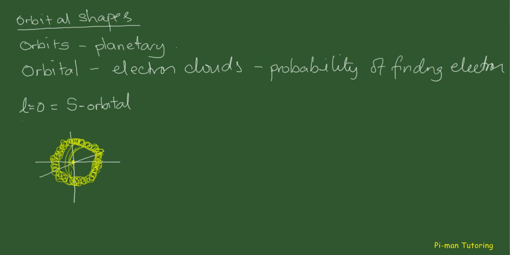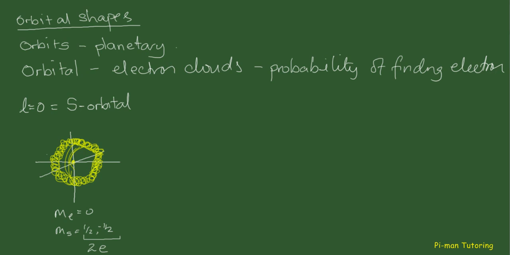And so we know that when L equals 0, ML equals 0. And now MS can be plus or minus 1/2. And that corresponds to 2 electrons as the maximum occupancy of any given S orbital.